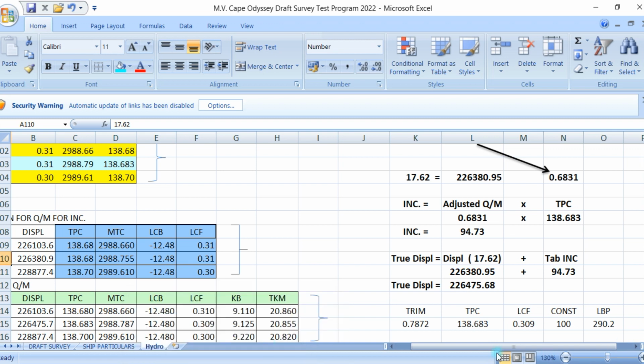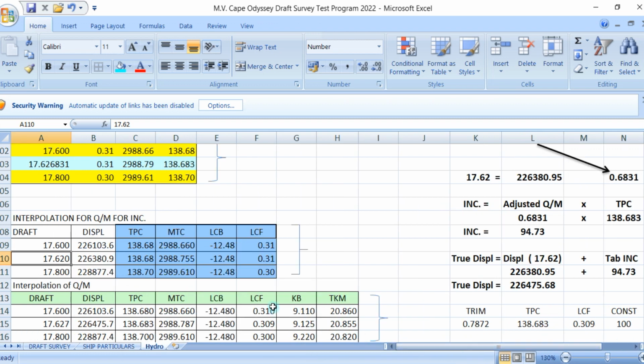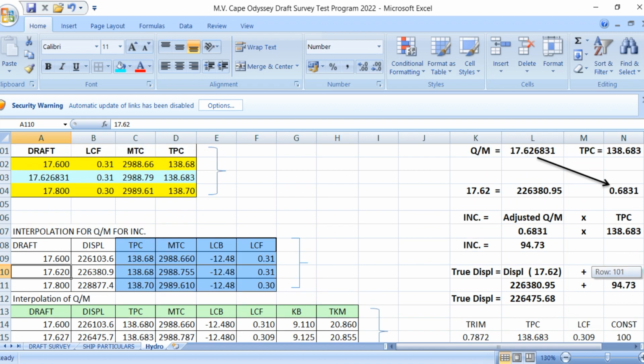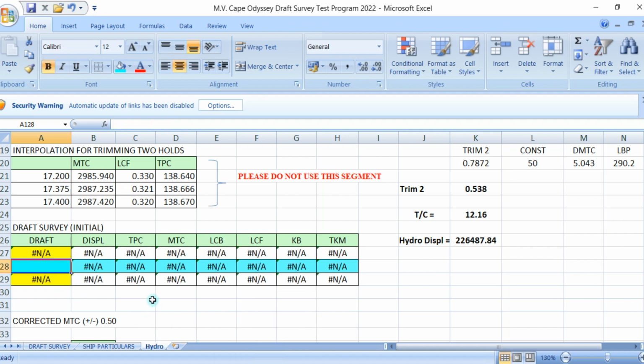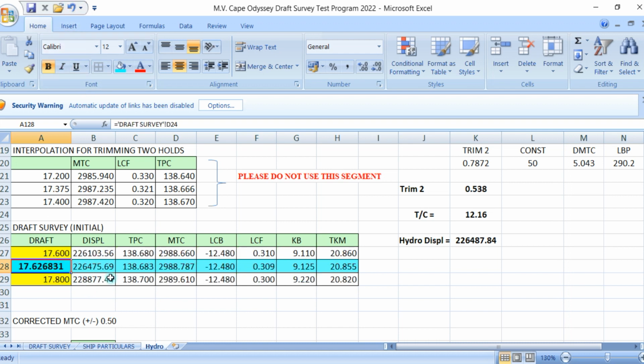interpolate the true value of the quarter mean drop, which is 17.626831, and the displacement will be 226475.69. Okay, so take this out, no value, and put it back, so you have your displacement.